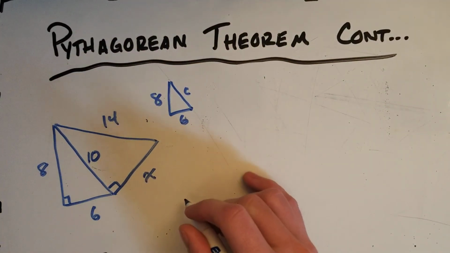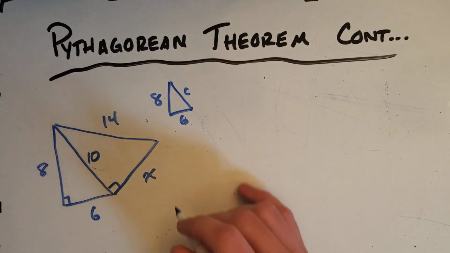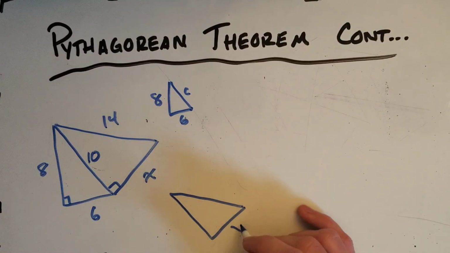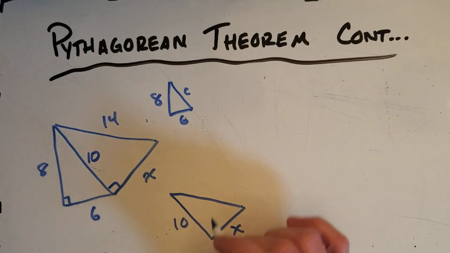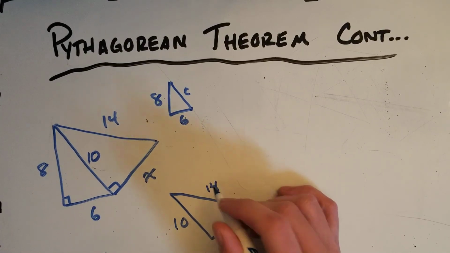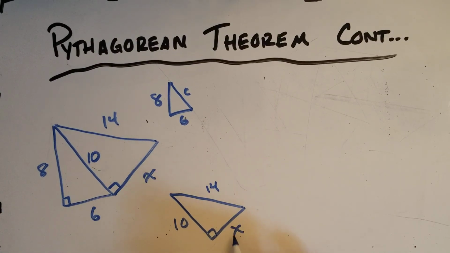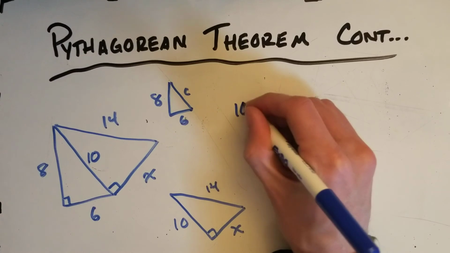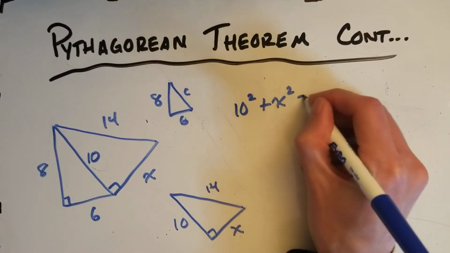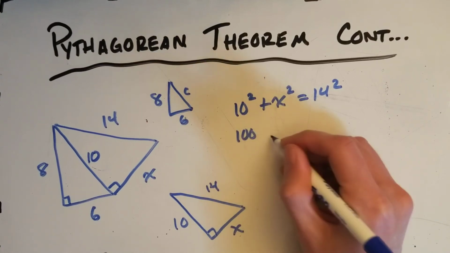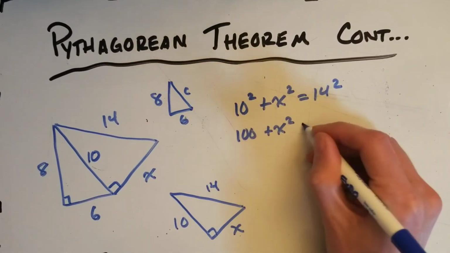Now I'm going to focus on this other triangle, and the other triangle looks like this. We have this is x. We just found out this side is 10 and this is 14. So focusing on this triangle, we have one of the legs, we have the hypotenuse, we're looking for the other leg. So 10 squared plus x squared is equal to the hypotenuse squared. So we should get 100. We don't know what x squared is yet.